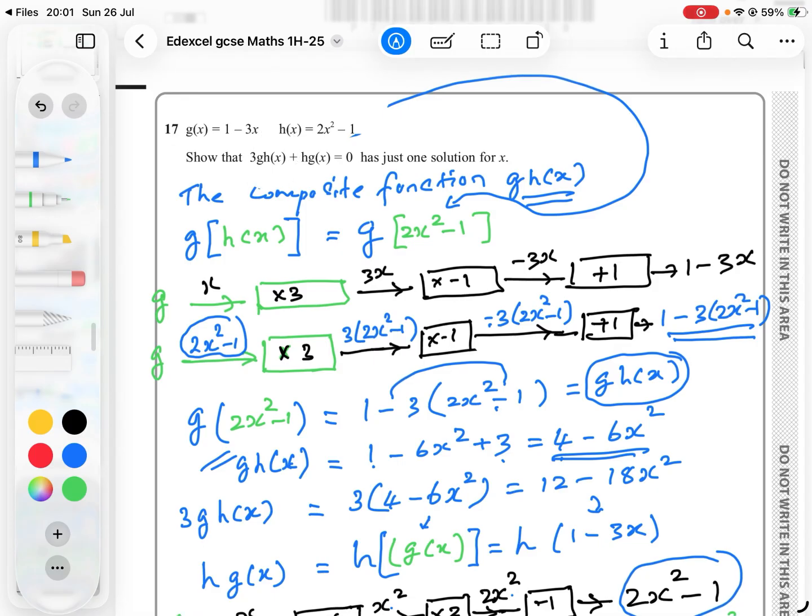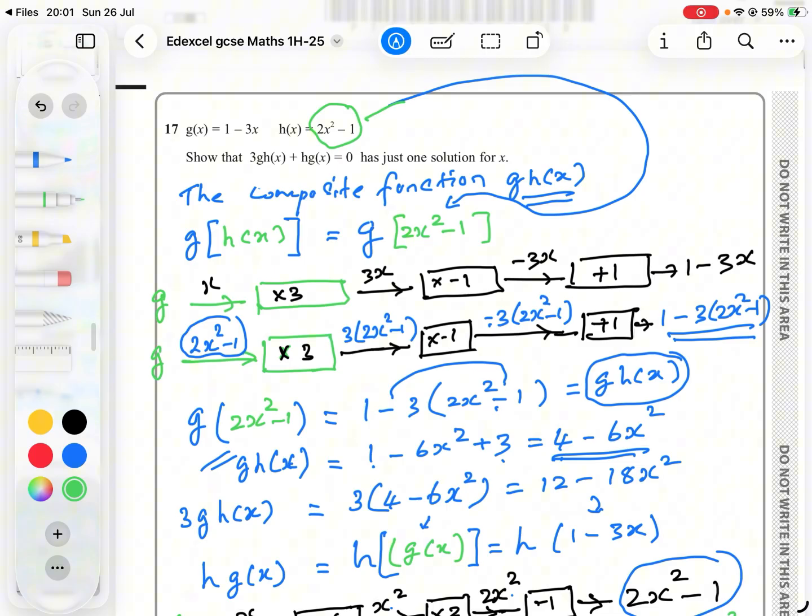So gh(x) means g, then bracket, the g function, then another function h(x). But h(x), you know very well, is 2x squared minus 1. Instead of h(x), you can substitute 2x squared minus 1.